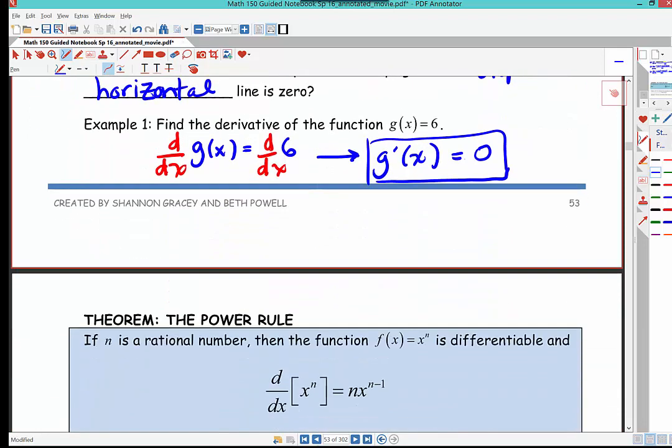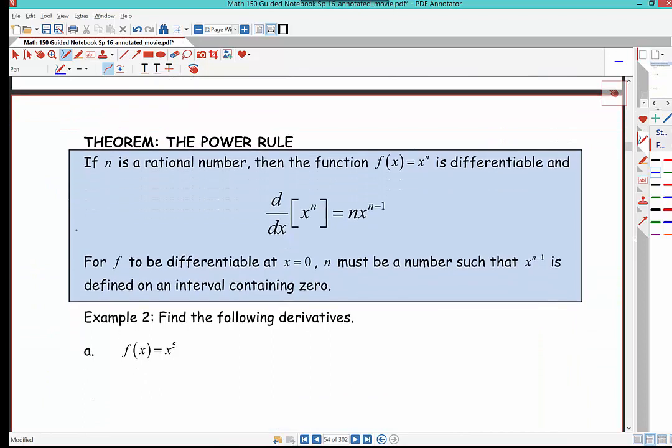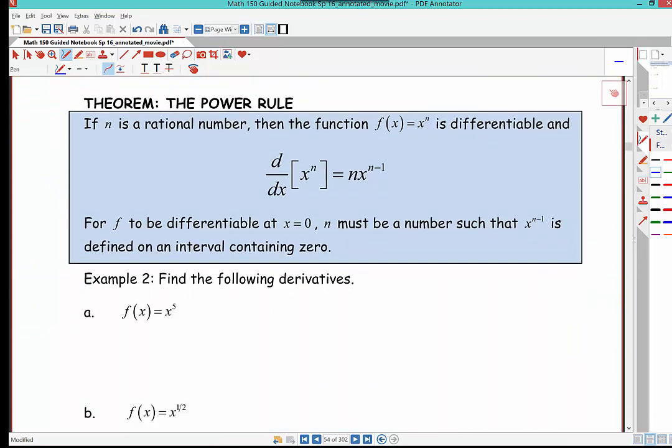Okay. Now, the power rule. There is a proof of the power rule in your book. We'll do some proofs as we go along today, but I don't find that this one will really help you understand the formula better, so we'll skip the proof.